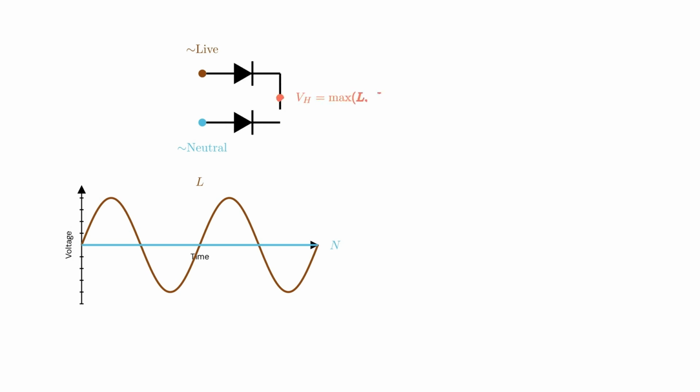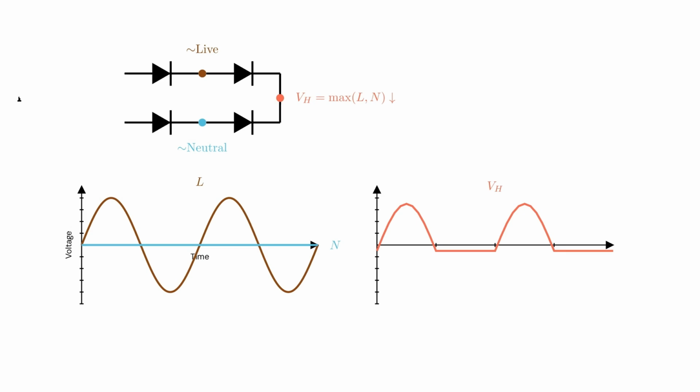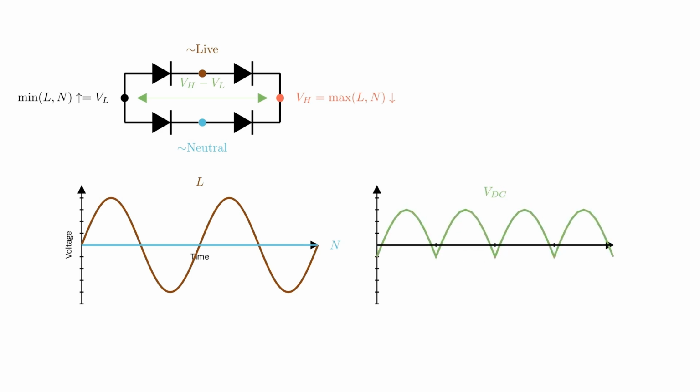Using a maximum circuit between the wave and the reference, you can get this wave where you have removed the negative part. Then you could use a minimum circuit to get this other signal. If you now use the low signal as a reference, the total voltage is the difference that looks like this. It's not a flat line, but it's much closer, and some extra circuits can fix the remaining bit.